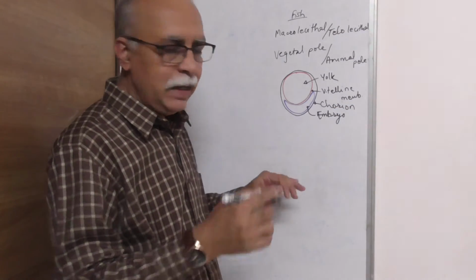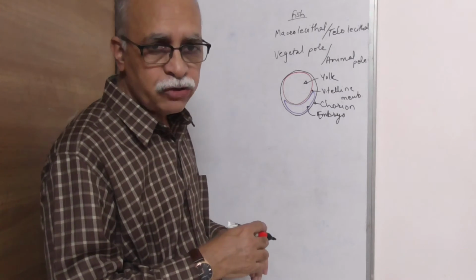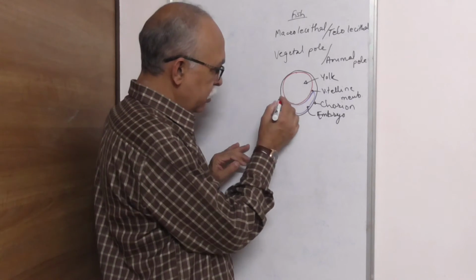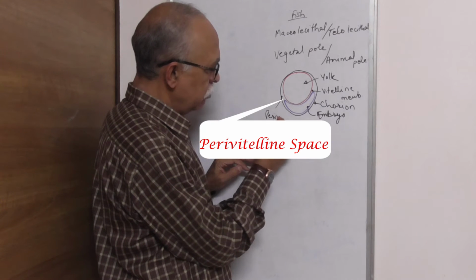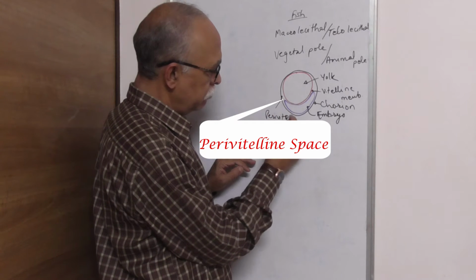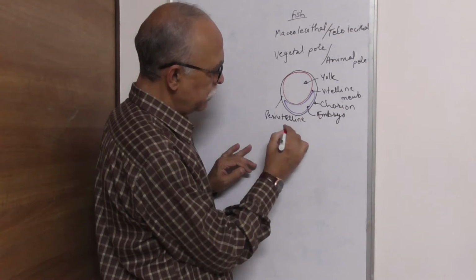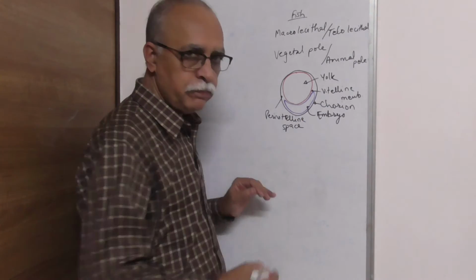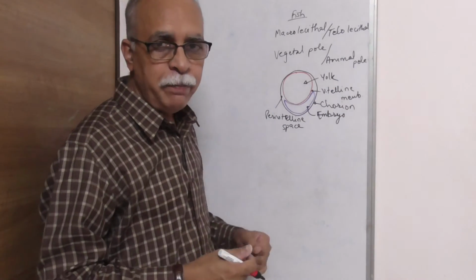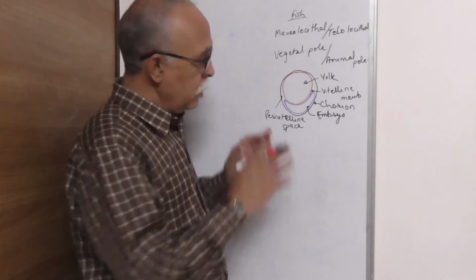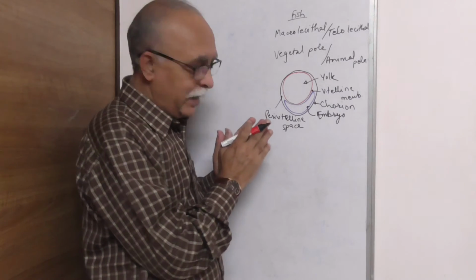That's mainly the covering of the entire structure. Now here there is a small cavity which is called the perivitelline space or perivitelline cavity, which will have a significant role in the future process of embryonic development. This is what the fish egg looks like.